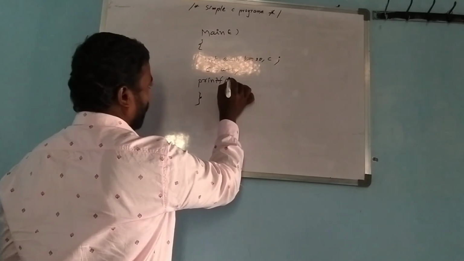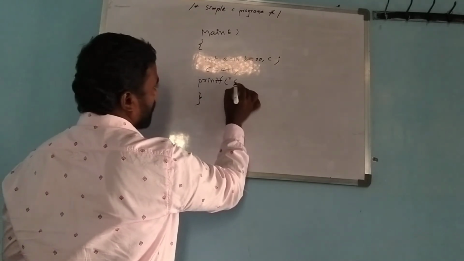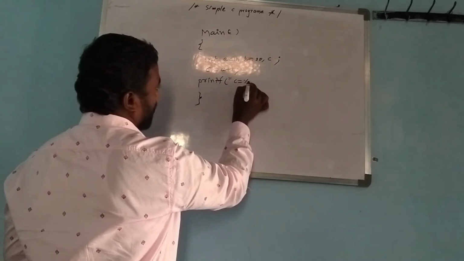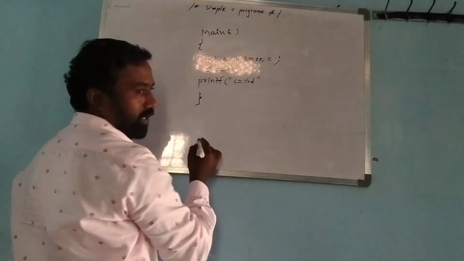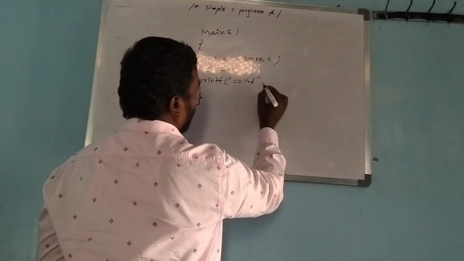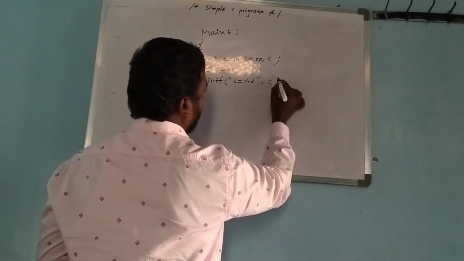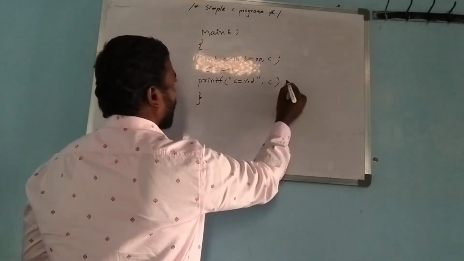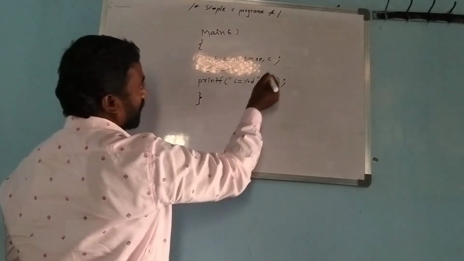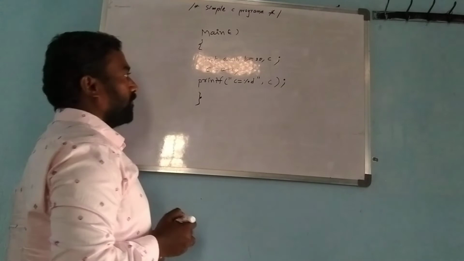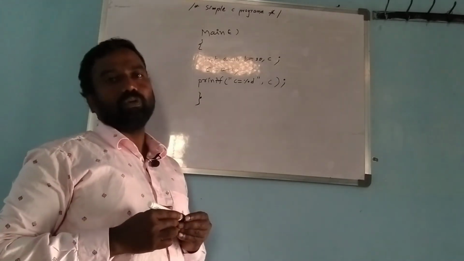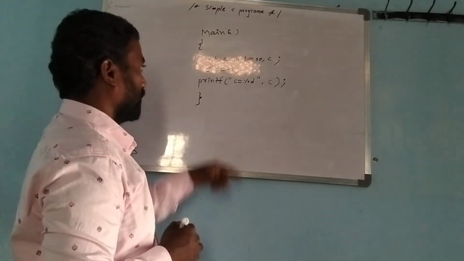printf open bracket, c equal to %d within the double quotation, and after that I would like to print the c value and semicolon. Every statement in C programming ends with a semicolon.